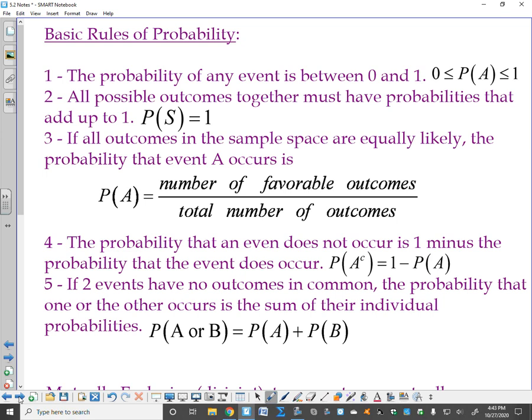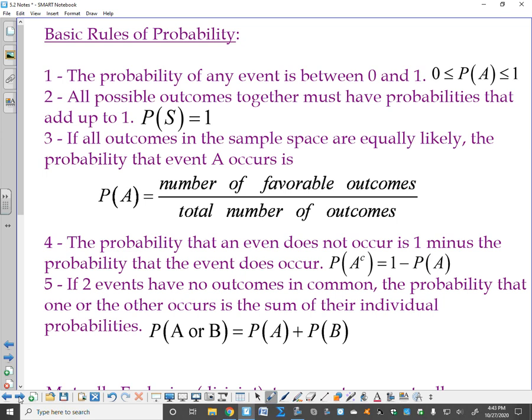If all the outcomes in the sample space are equally likely, and that's not always true, but for right now it is, the probability that any event that you define as A occurs is the probability of A equals the number of favorable outcomes over the total number of outcomes. Think back to the dice. Probability that the sum adds up to 5 over the total number of outcomes.